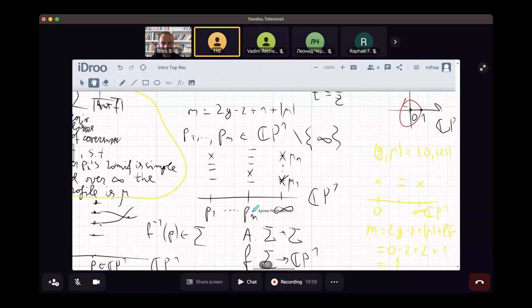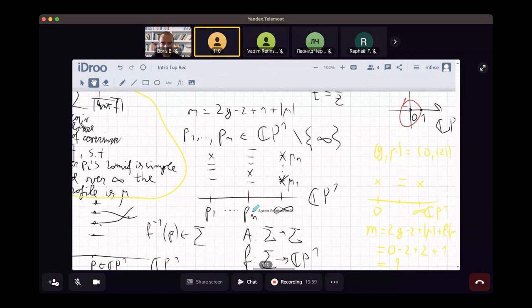In particular, this can hold only if all the critical values are the same for both of those coverings. In this case, 0 and infinity.